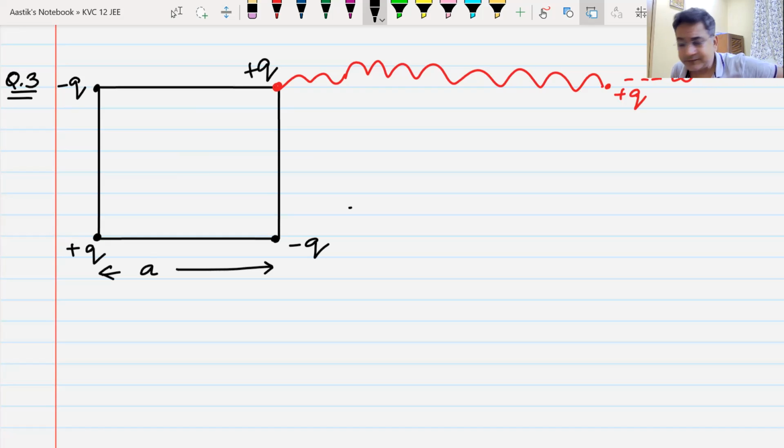You understand the question? Yes, sir. You have to solve it. Sir, minus of 2kq square by a into minus 2 plus 1 by root 2.